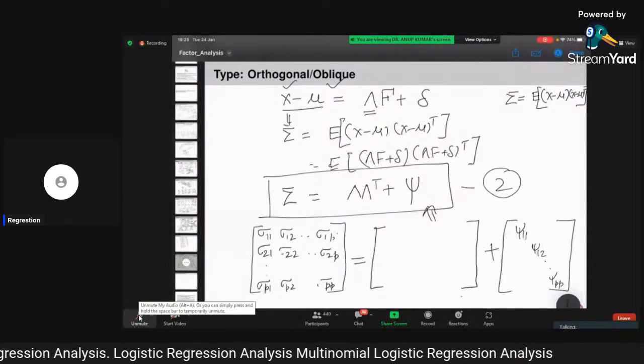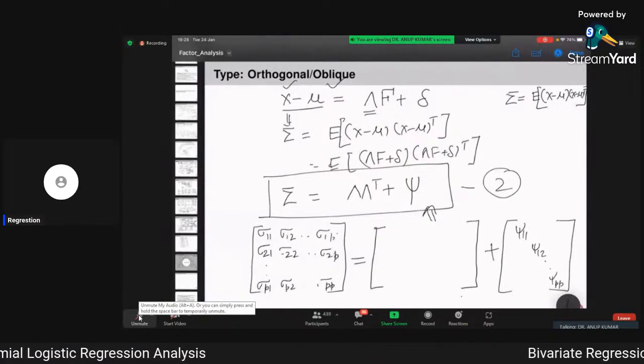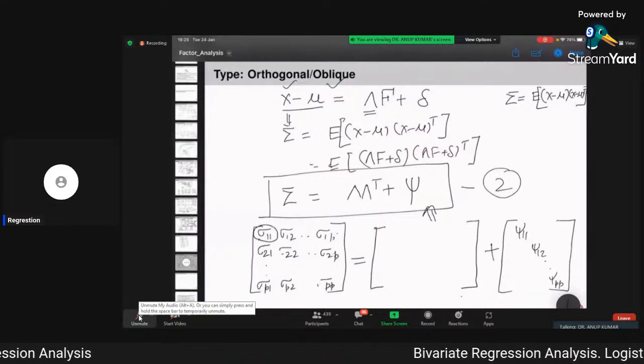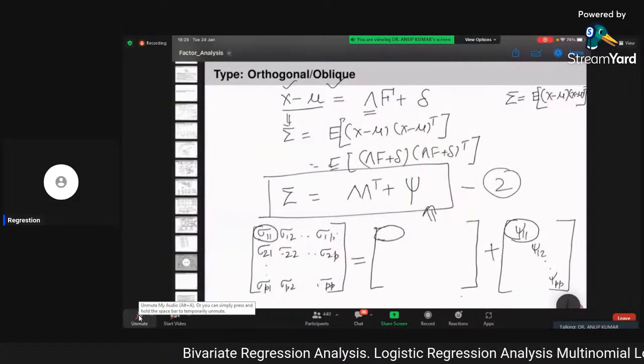Okay, so what I mean to say with this is that this sigma 11 is associated with this factor over here and with this factor over here.